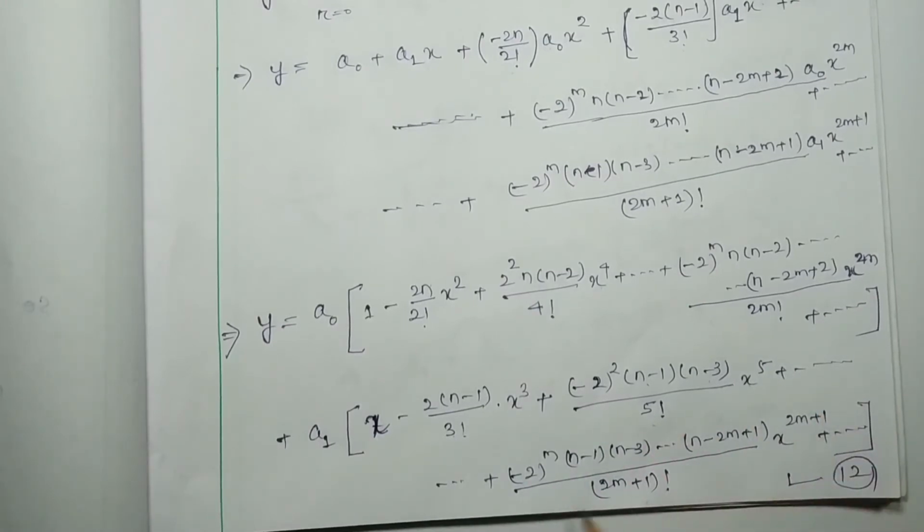This is the general form of odd terms. Let this be your equation number 12.